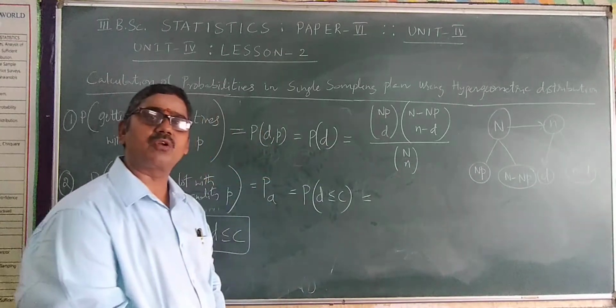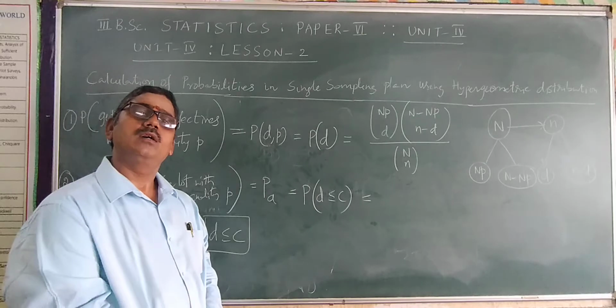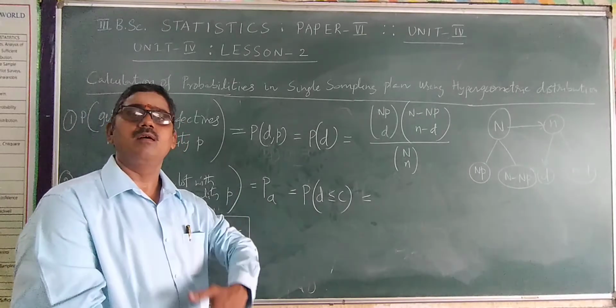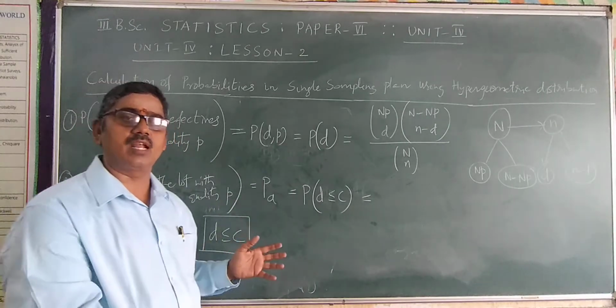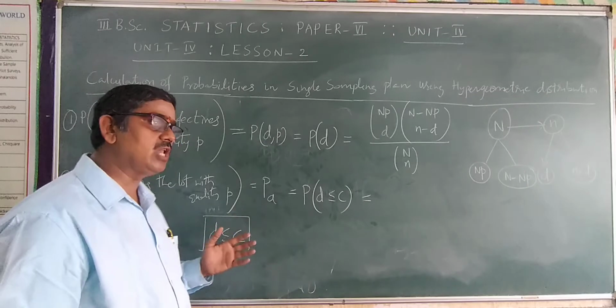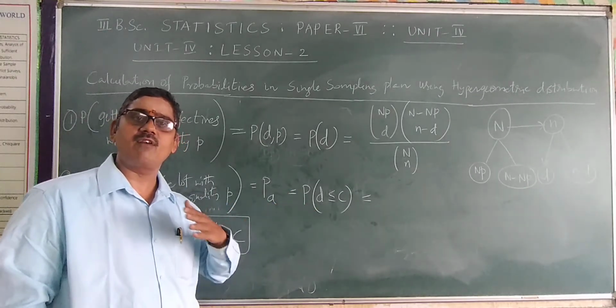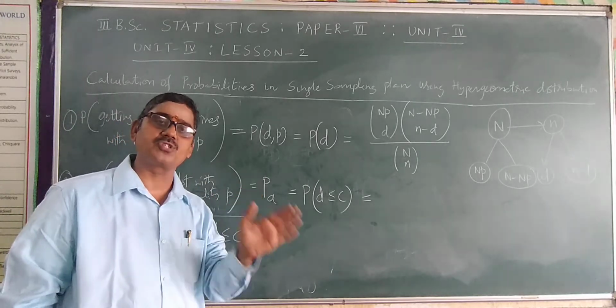Using the properties of the probability mass function, the simple probability mass function, because d is a discrete random variable, d takes the values 0, 1, 2 and so on up to c.